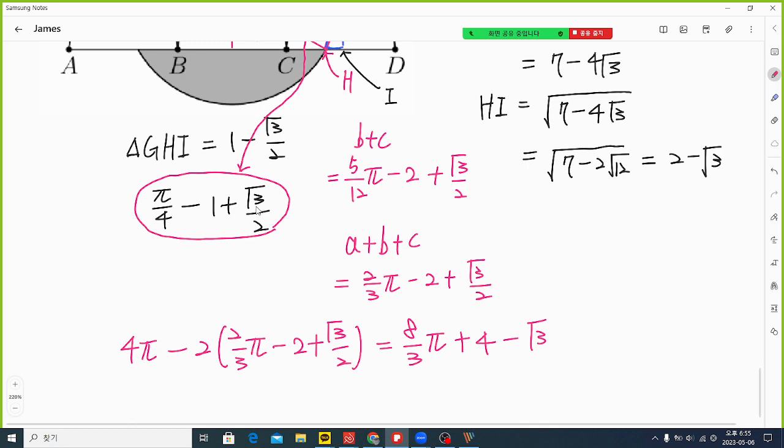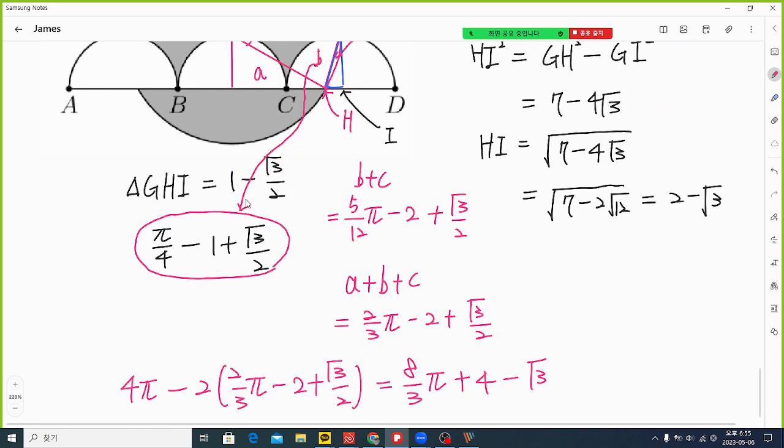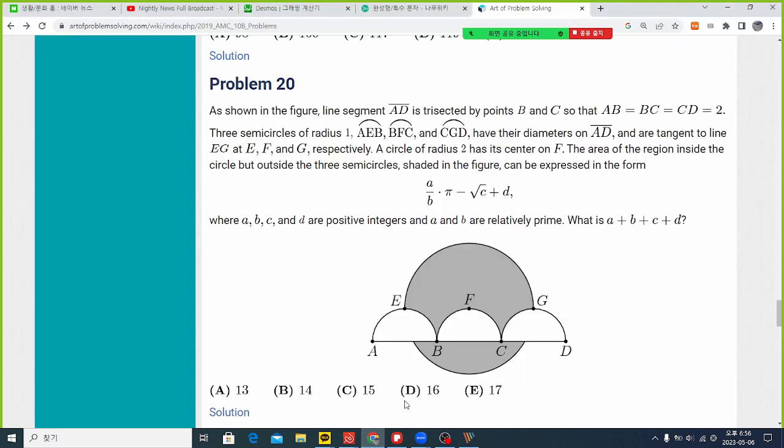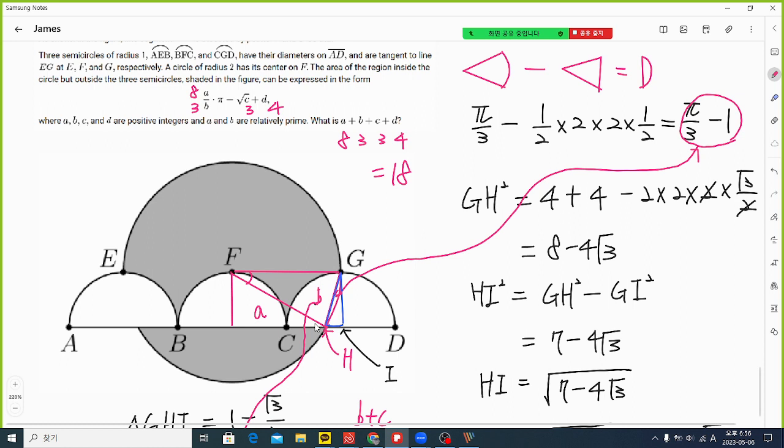Why is it not working? Oh my god. Where is 18? Pi.